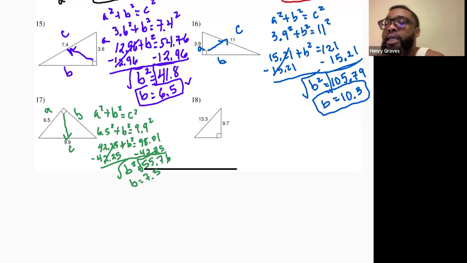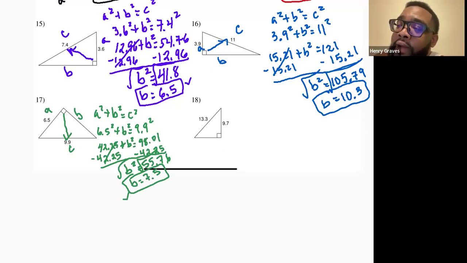All right, on 18, I still have one more page of this to do. So right away, directly across, that's my C, making this A and B. Remember, A squared plus B squared equals C squared.